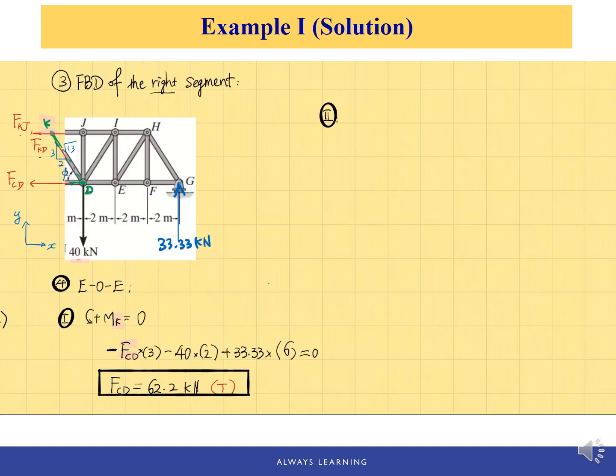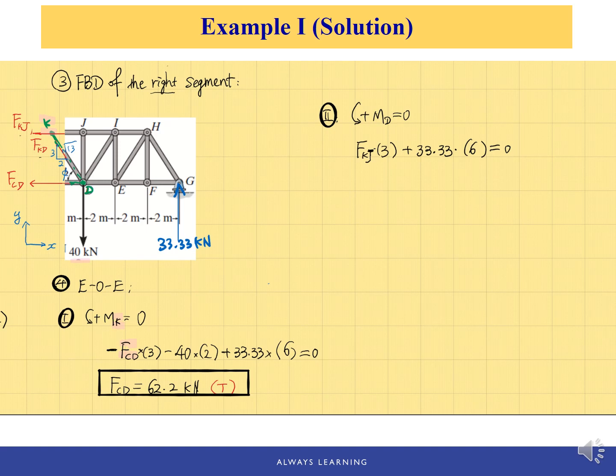Second equation, we're going to use the same trick. We're going to do the moment about point D, since 2 forces are concurrent about point D. So F_KD and F_CD will not show up in this moment about D equation.